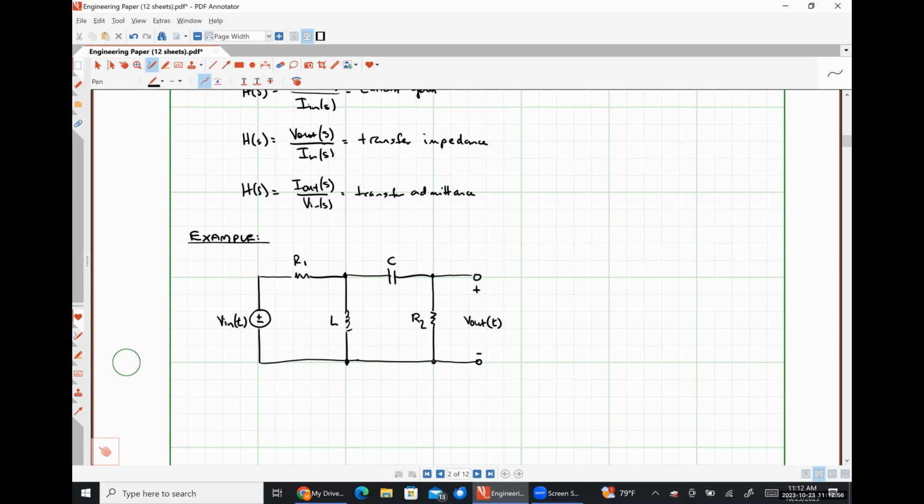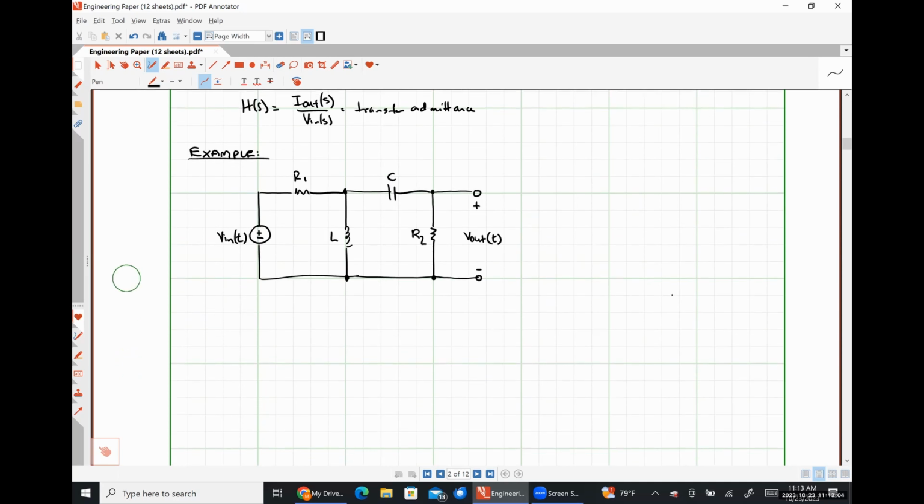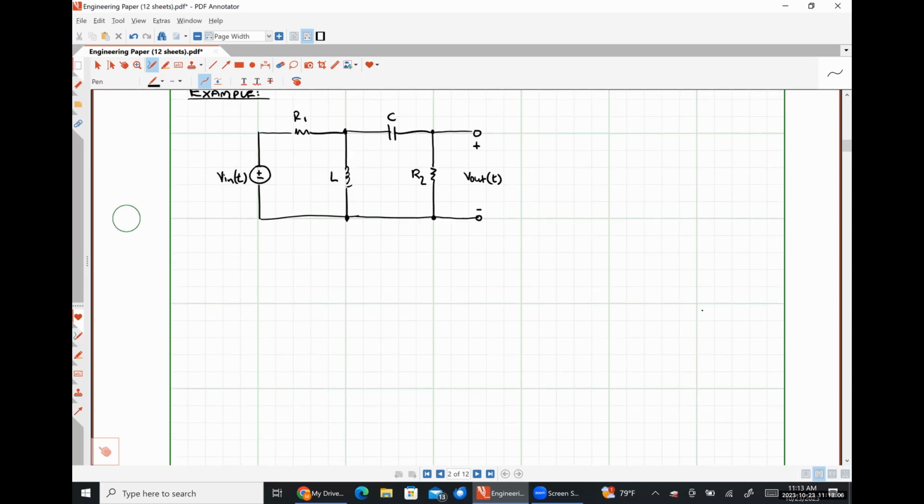We want to look at the frequency dependence of our transfer function, which means we need to convert this into the S domain, right? So in the S domain, we would have Vin of S, our resistance R1, our inductance will have an impedance of SL, our capacitance will have an impedance of 1 over SC.